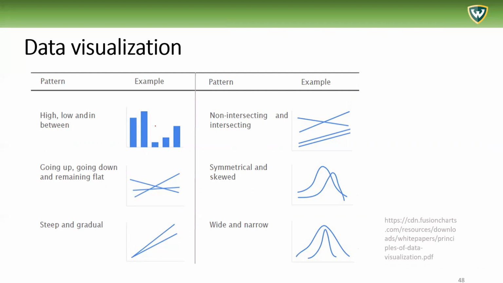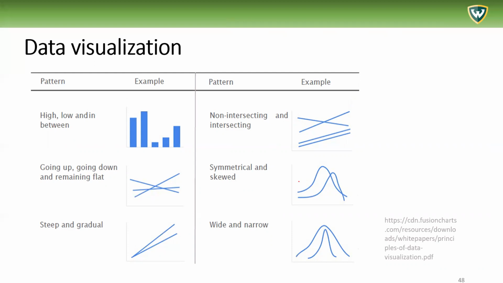So high, low, and in between with the bar charts going up, going down, and remaining flat can be easily observed. Steep and gradual, steepness and graduality, if we can turn that into that kind of word. Non-intersecting, intersecting, of course, we can visualize these kinds of patterns.